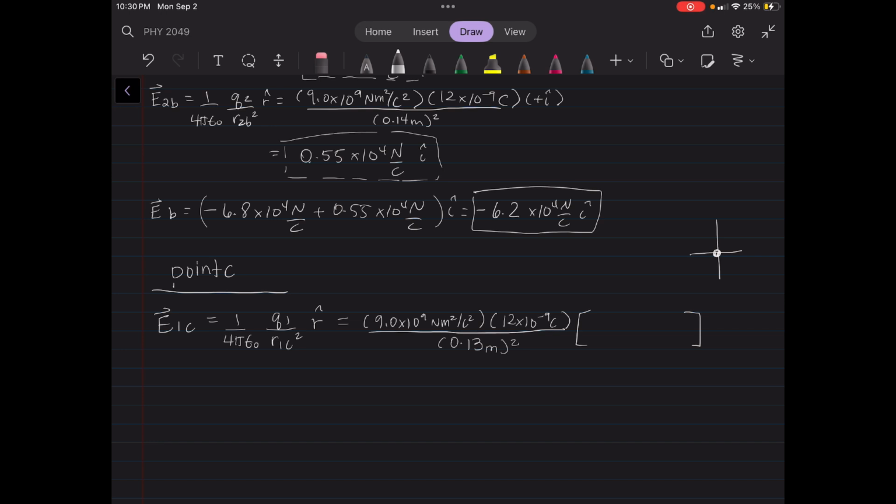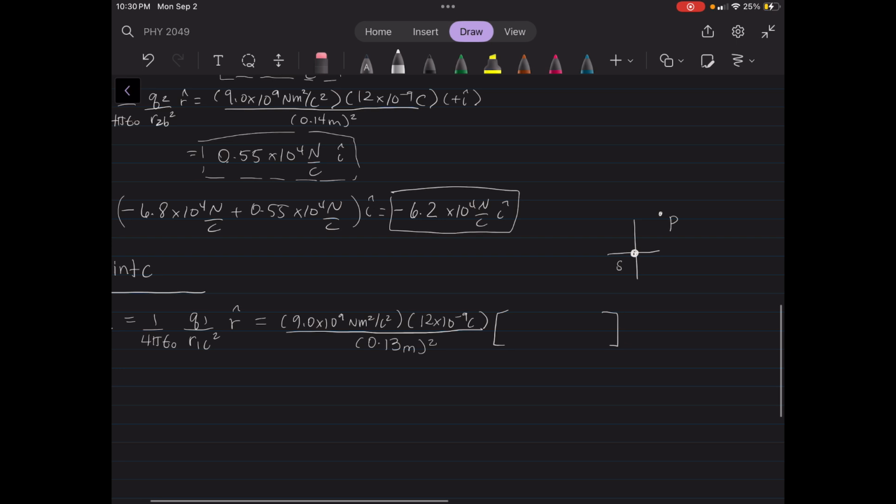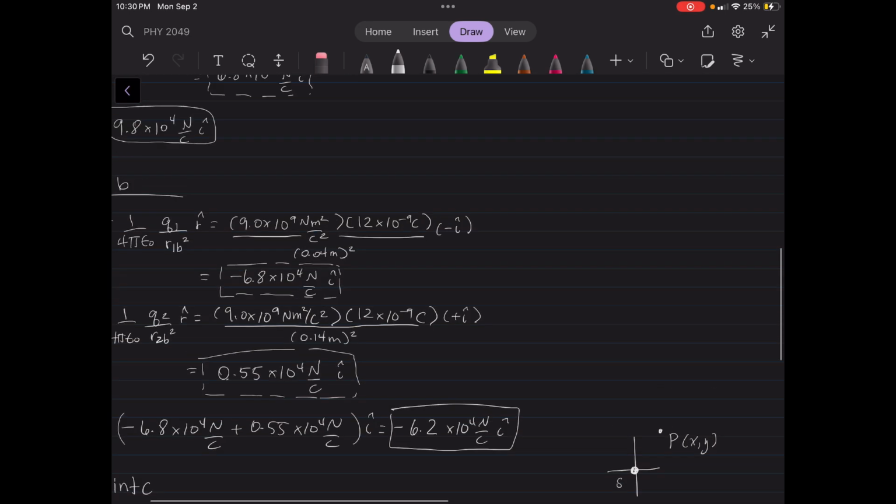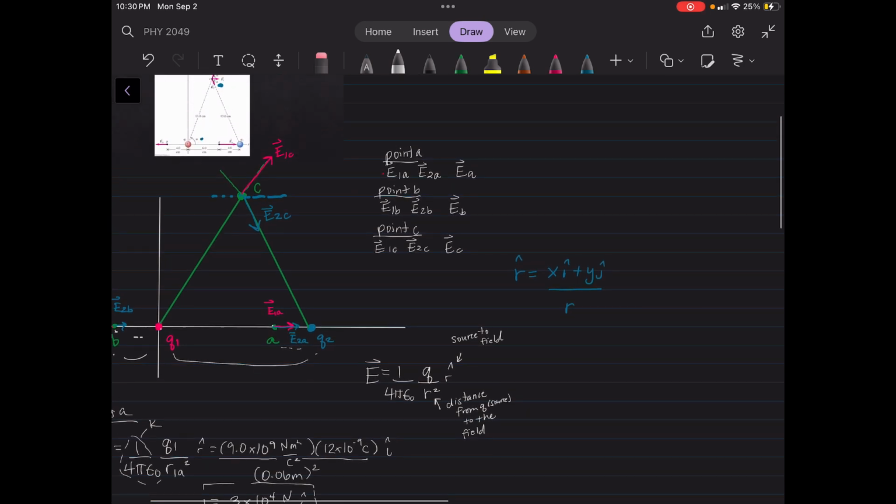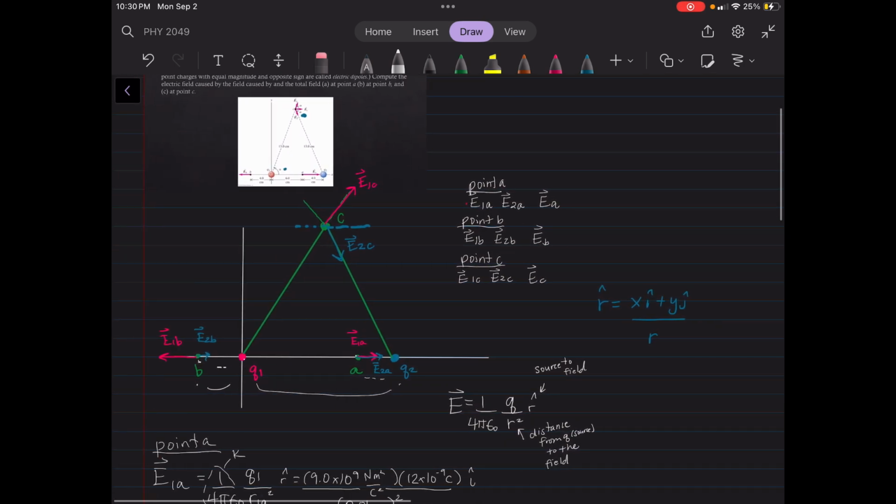Q1 is at the origin, so really there's no assumption necessary. Q1 is at the origin, that's the source. The point that we want to know the field, which has an xy coordinate, that's what goes in our formula. So what is that point? What is the xy coordinate of point C? Let's look up here and see. Might have to do a little bit of math to figure that out.